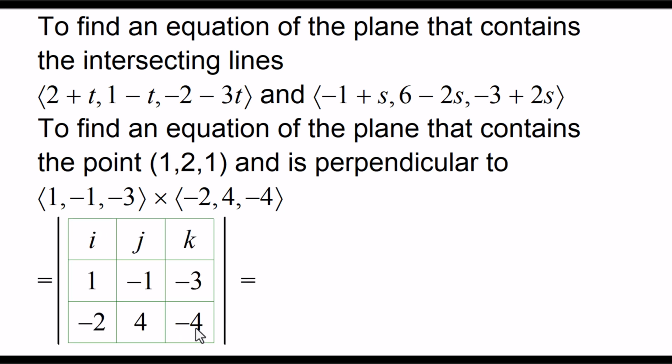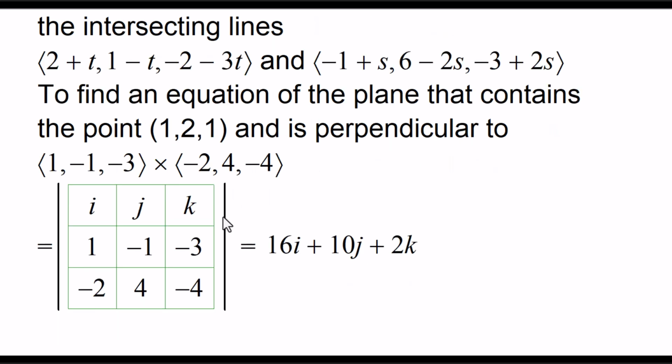This will be 4 plus 12, which is 16i. Then 6 plus 4 will be 10, so 10j. Then 4 minus 2 is simply 2k.